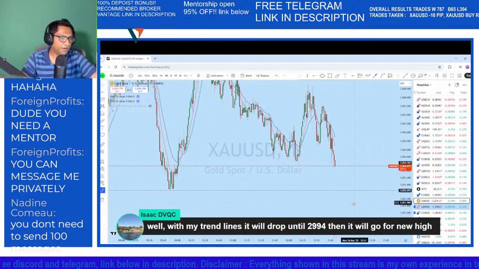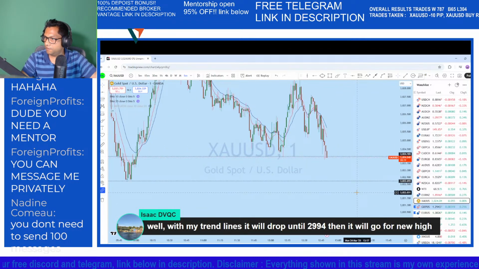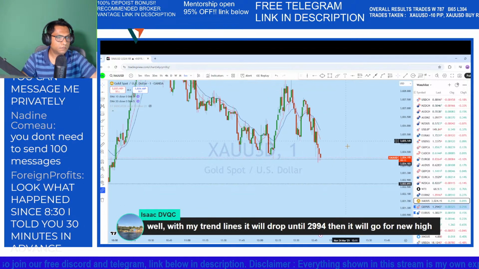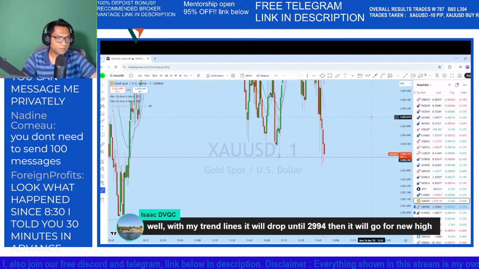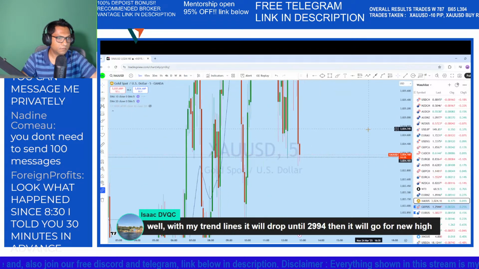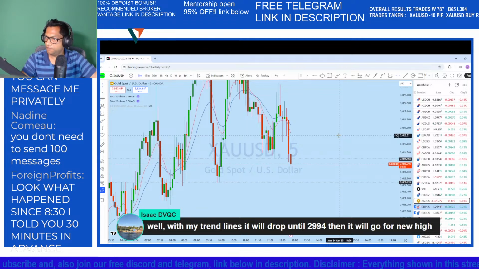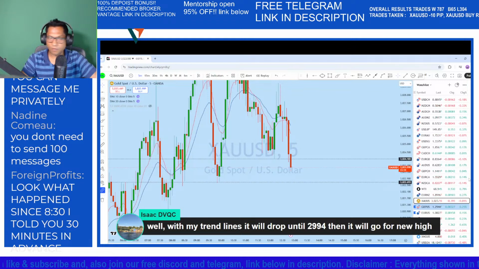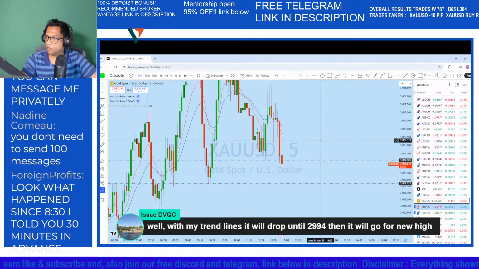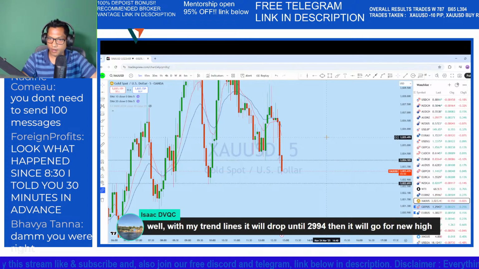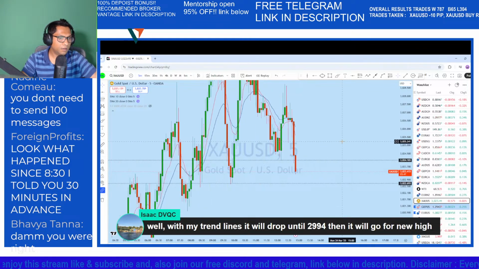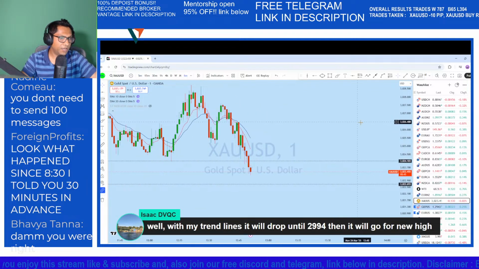It is ready for the drop here. Okay, now that drop is in that direction. I mentioned before, it's in that drop and it's potentially going to break that support level.